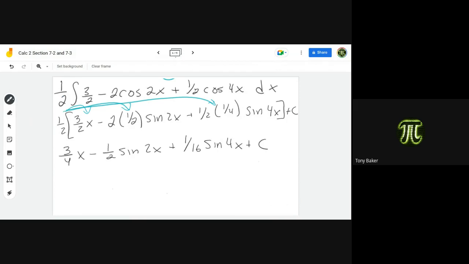Yeah. I don't like... I think it's easier to see the u substitution with the trig functions though. That's true. However, I hate u substitution, no matter what. Yeah, but this makes it nicer. You have to do it.